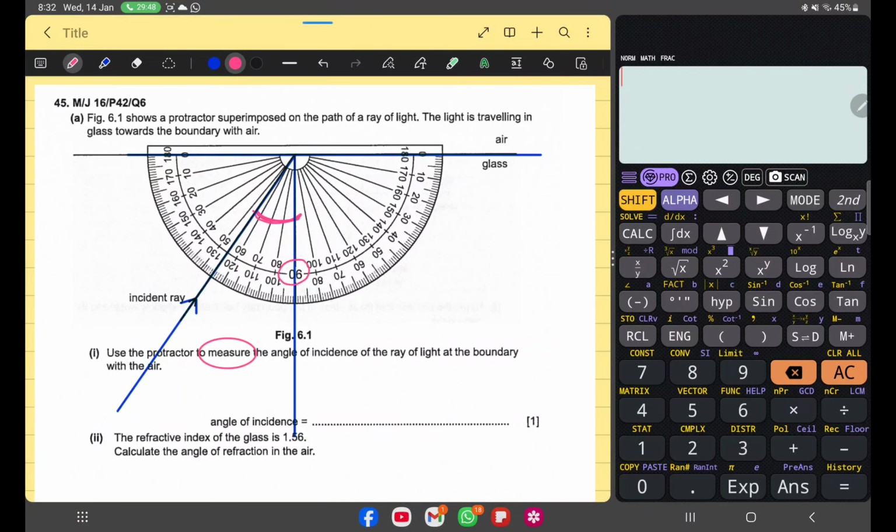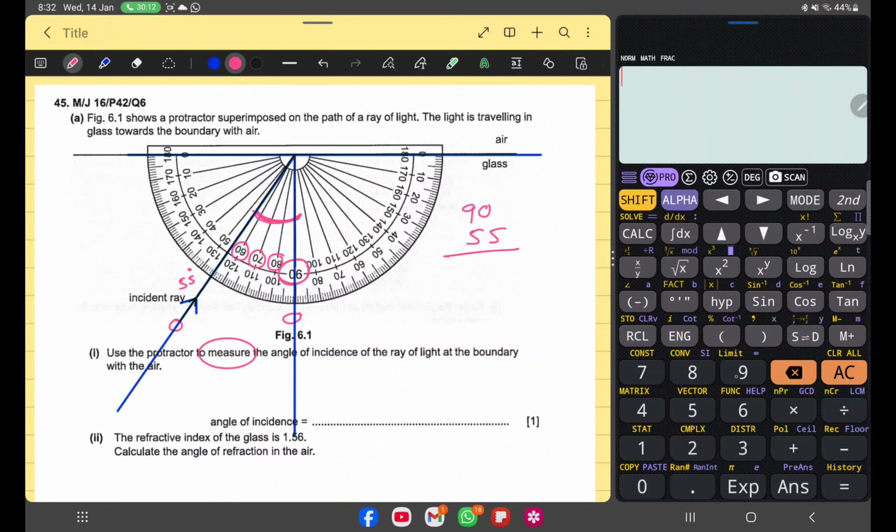This is a 90-degree angle. And this is 80, this is 70, this is 60, and this is a 55 angle. But we will read from the 90-degree angle. 90 is the starting point, 55 is the ending point.